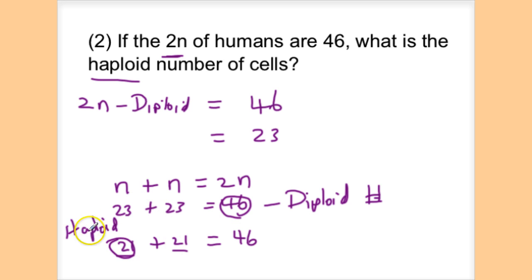Another word that is used is monoploid. But this is rarely used, but just keep it at the back of your mind. If you ever see something as monoploid, it is the same thing as haploid.